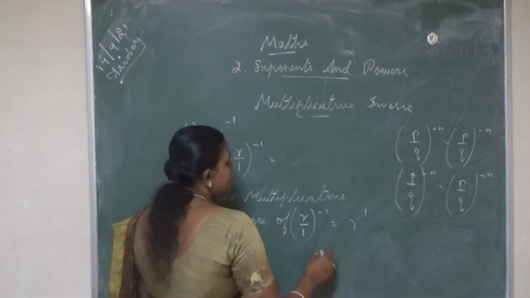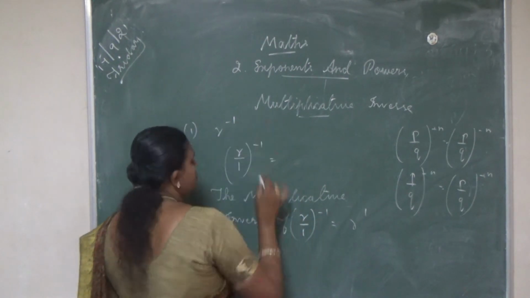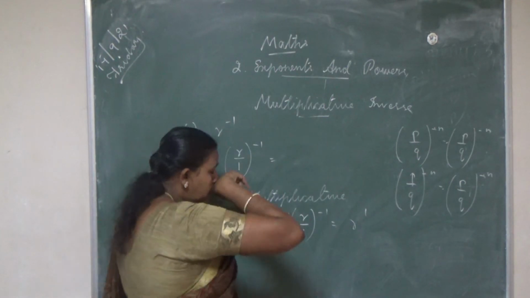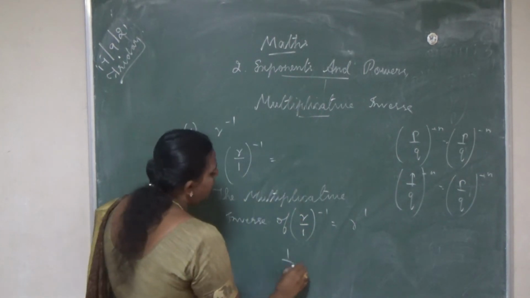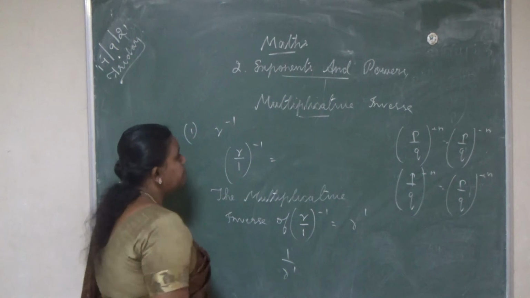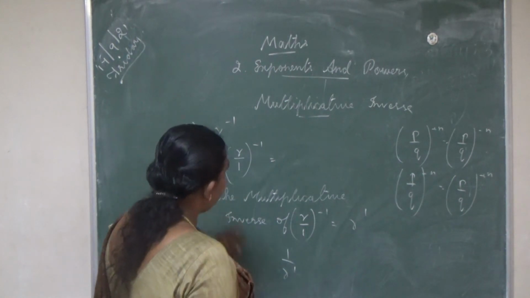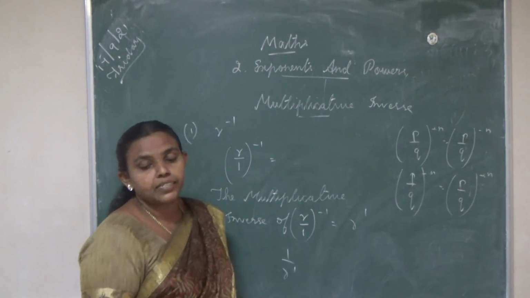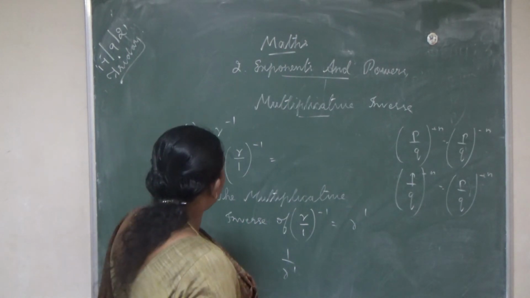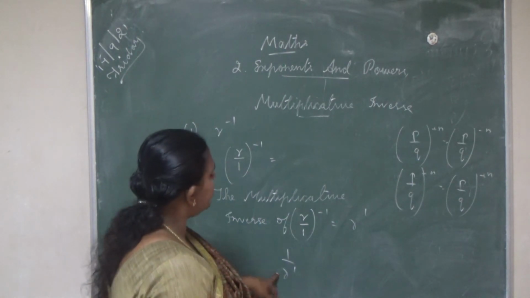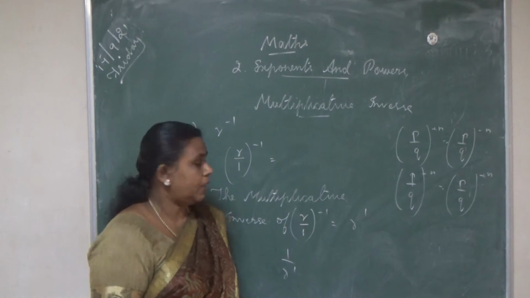Otherwise, one more method: 1 by r power 1 is r power minus 1. That is, r power minus 1 is 1 by r.